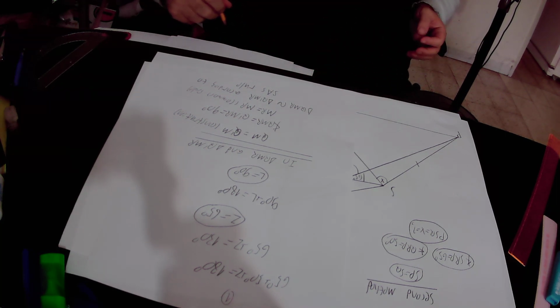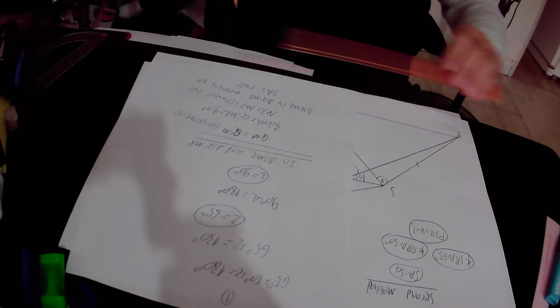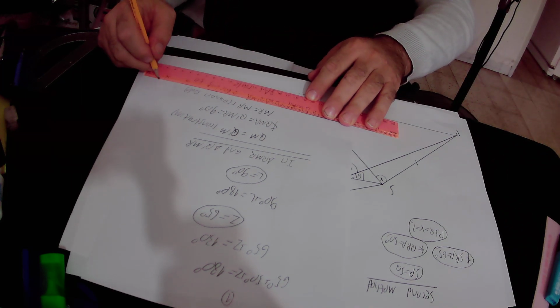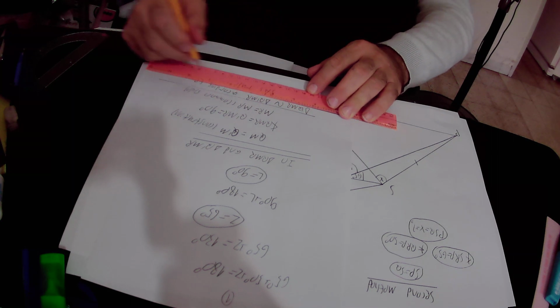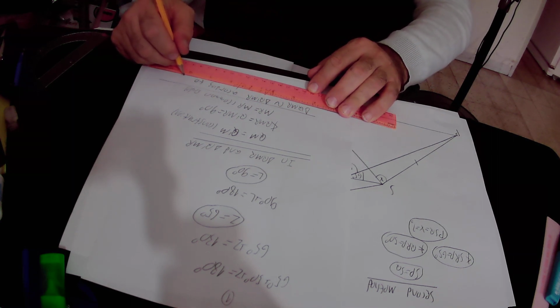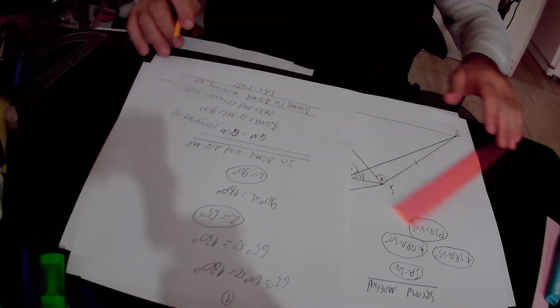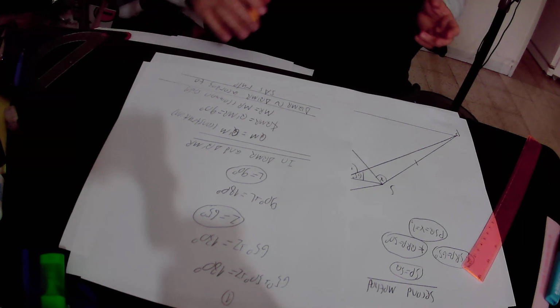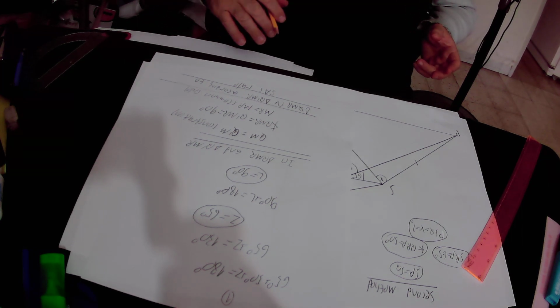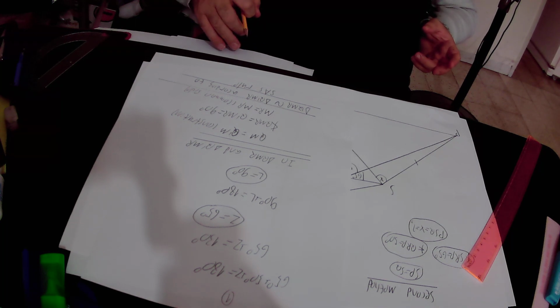Okay, what is the side angle side rule? The side angle side rule states that if you prove the two sides and the angle between them in one triangle are correspondingly equal to two sides and the angle between them of another triangle, then you actually proved that those two triangles can go into each other according to the side angle side rule.